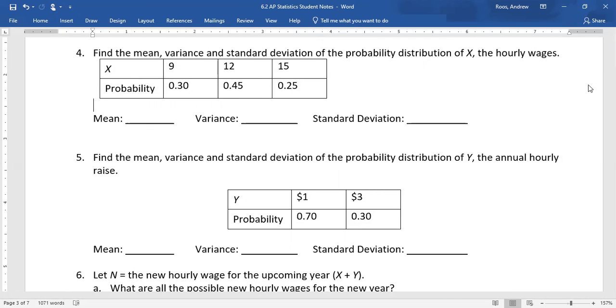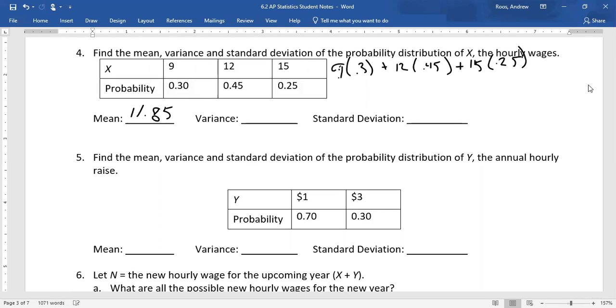So remember, to find the weighted mean, we would take 9 times 0.3 plus 12 times 0.45 plus 15 times 0.25. Okay, so that would give us the mean of about 11.85.